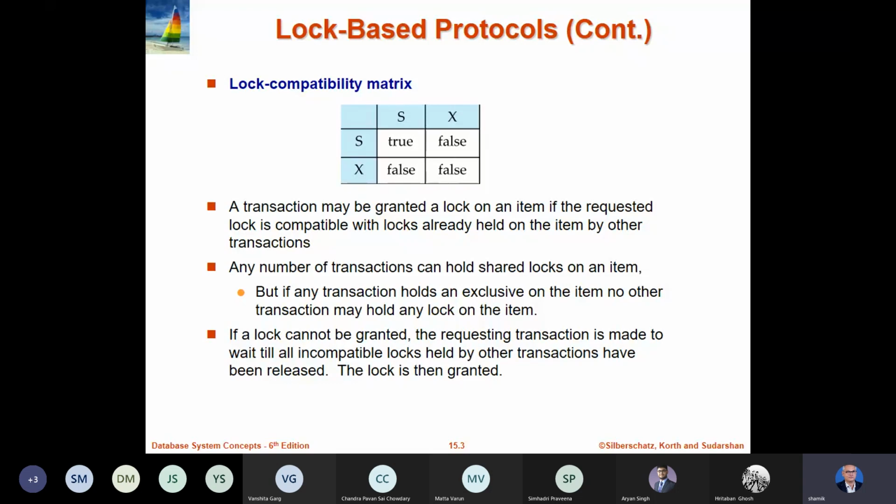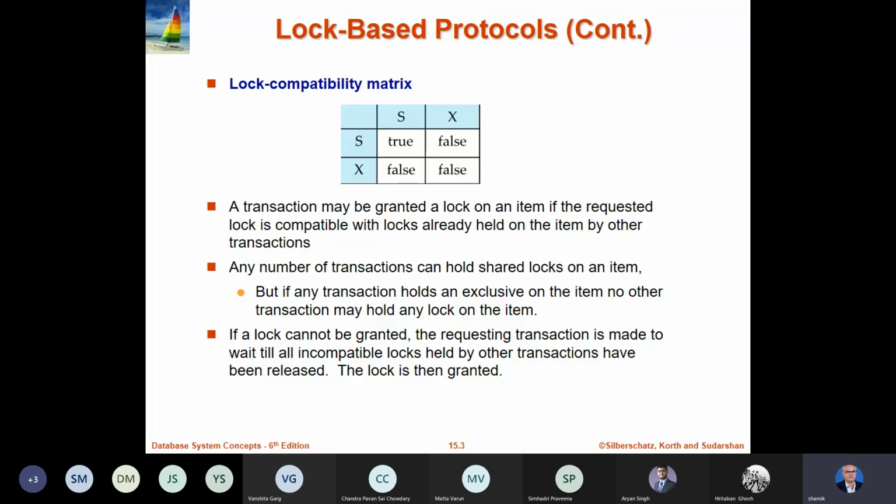So we would not allow shared and exclusive, or two exclusive locks, to be compatible. The transaction may be granted a lock on an item if the requested lock is compatible with locks already held on that item by other transactions.